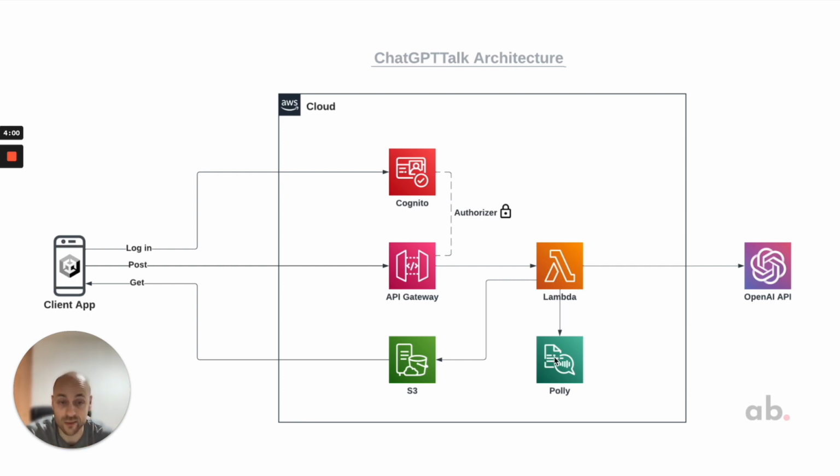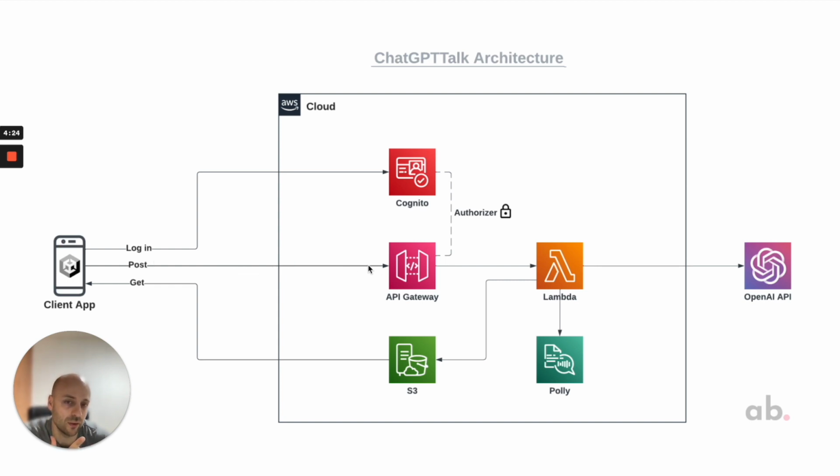So Polly answers with a voice stream, an audio stream, and we immediately store it in an S3 bucket as an audio file. And after that, we generate a pre-signed URL of the file and we send it back to the user.